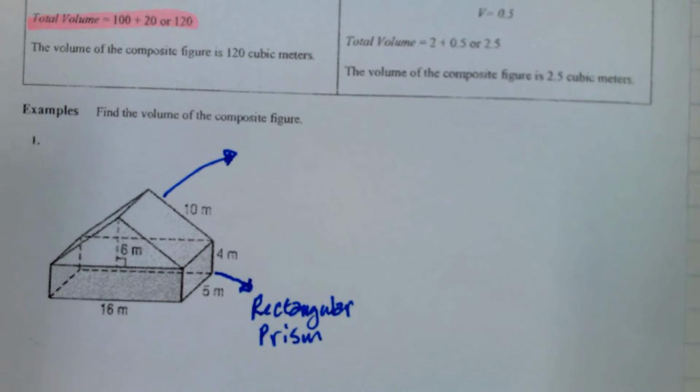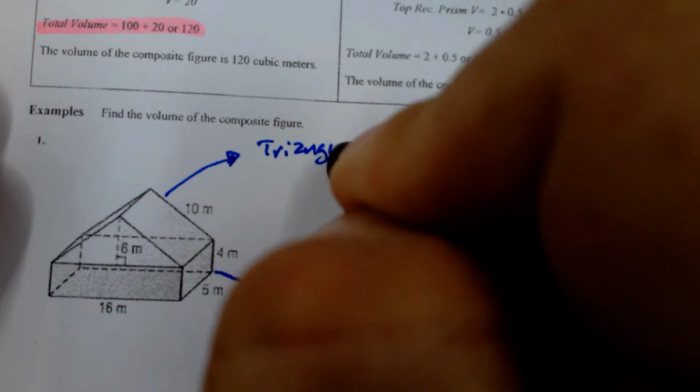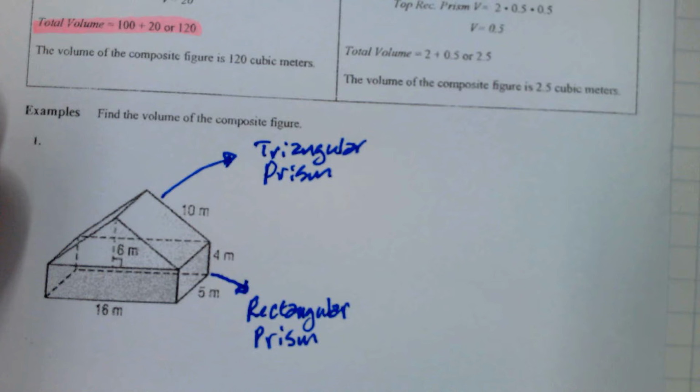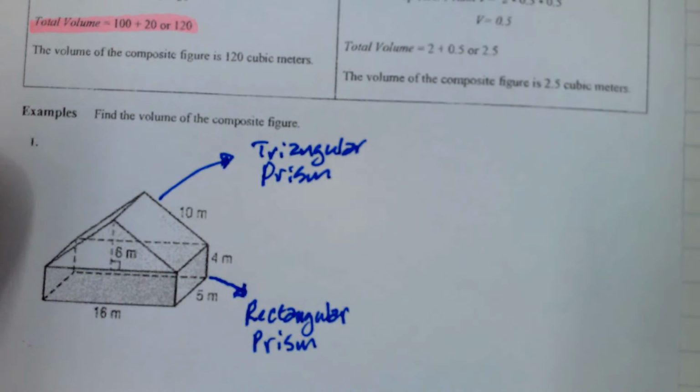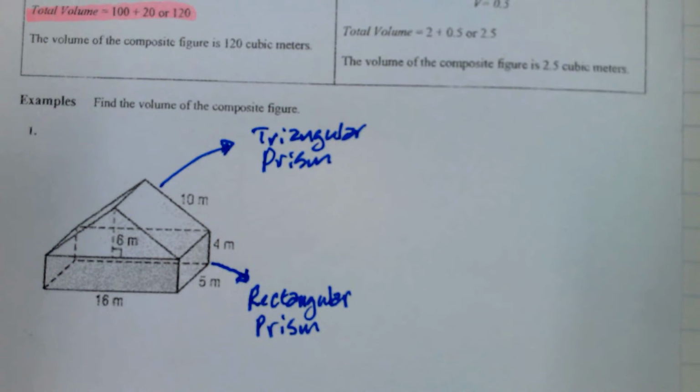It's also a prism, but this isn't a rectangular prism, it's a triangular prism. So we're going to do a little work on each one. Do you want to start with the easy one or the hard one? Easy, always, because the easy one's going to help us make the harder one easier. So let's start with the rectangular prism. That's the easy one.